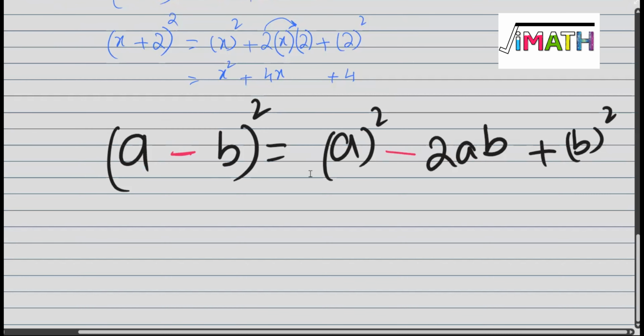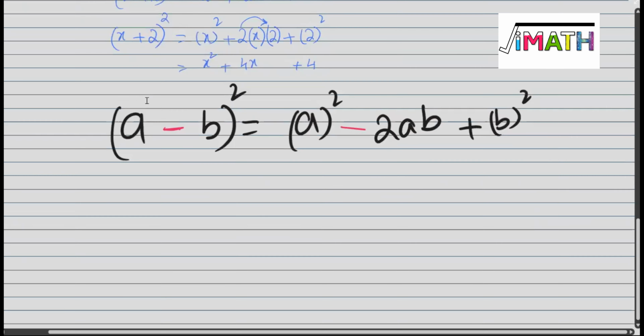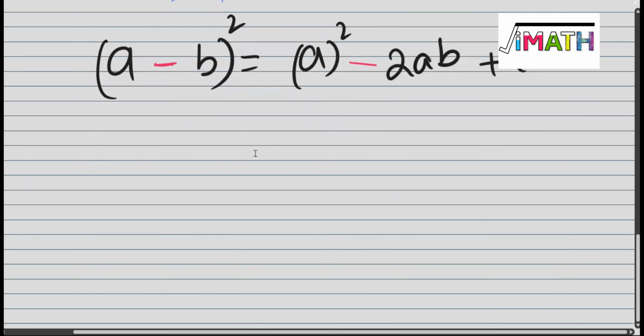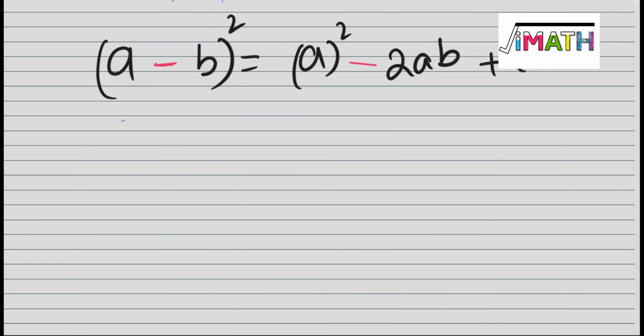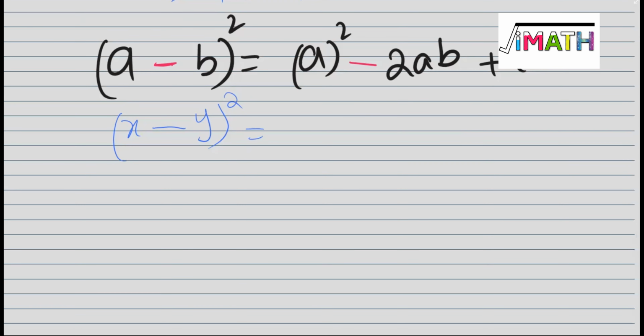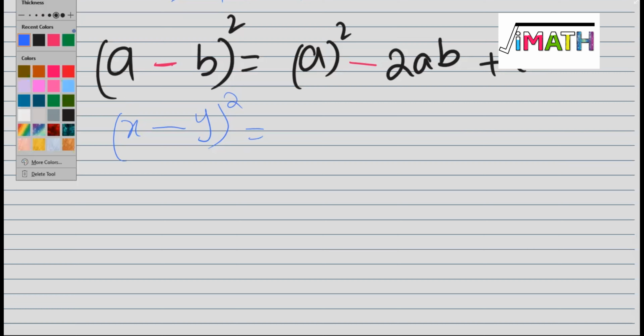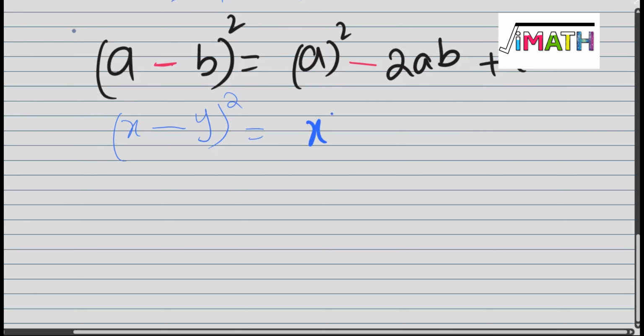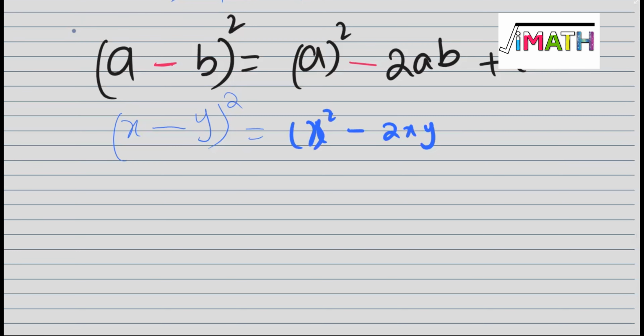If I have x minus y, can you open up this square? So x squared minus 2xy plus y squared. Perfect.